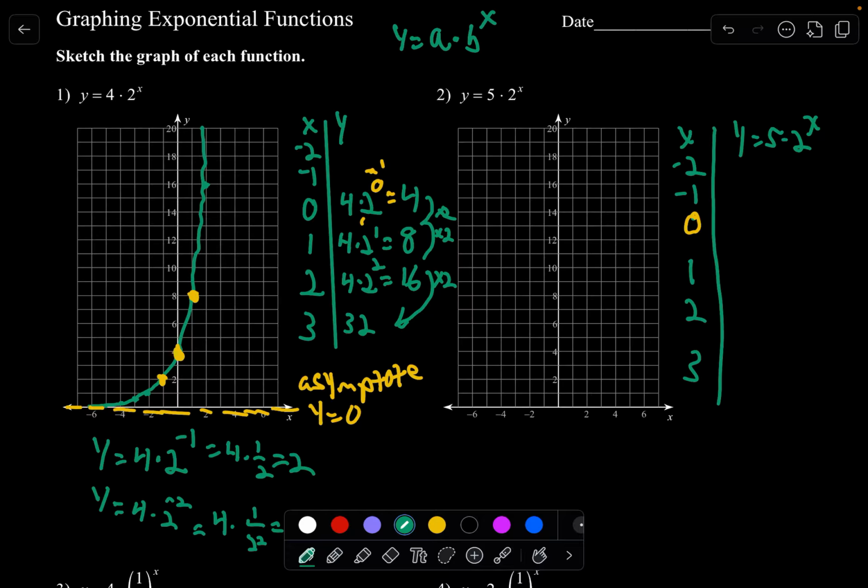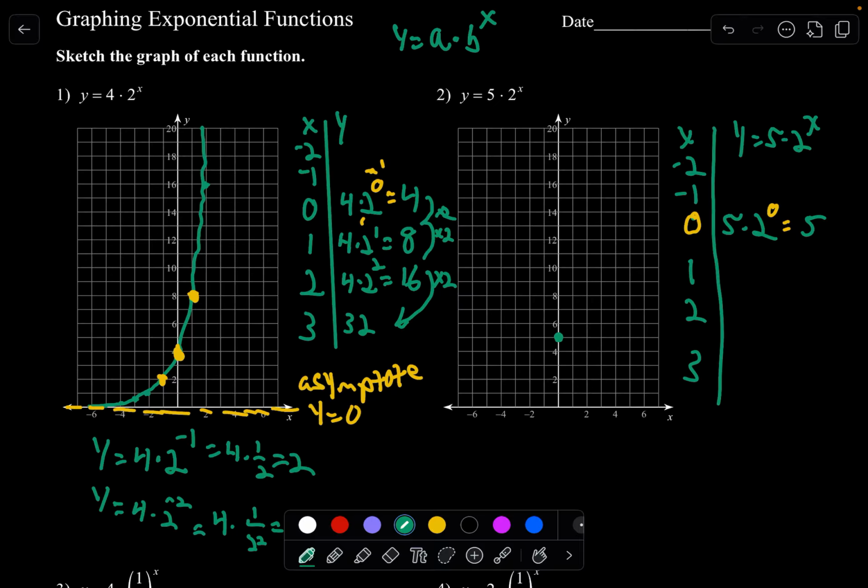Okay, at 0, let's just plug it in. Again, you get 5 times 2 to the 0 power. Again, 2 to the 0 is not 0. 2 to the 0 is 1. So this equals 5 times 1, which is 5. All right, so we have a y-intercept right there at 0, 5.